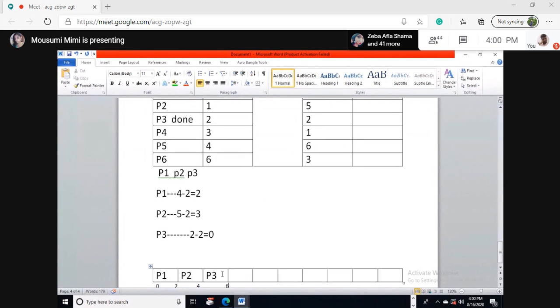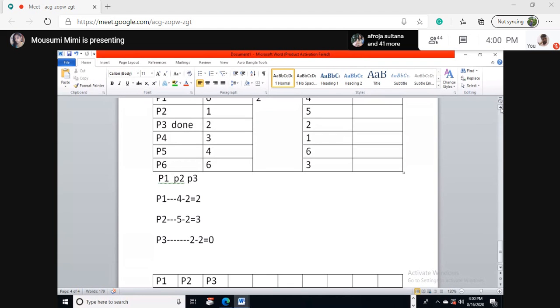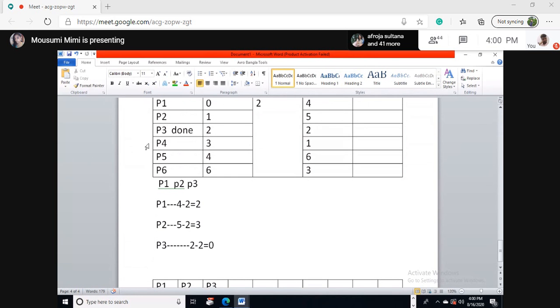Now check here that process 3 is done and within 6 seconds my process 4, process 5 and process 6 have also come. And my process 1 and process 2 are actually waiting.